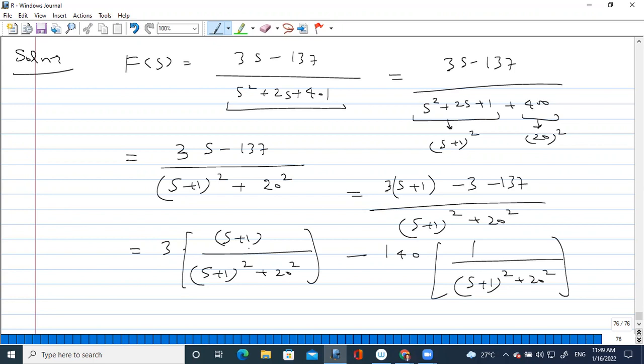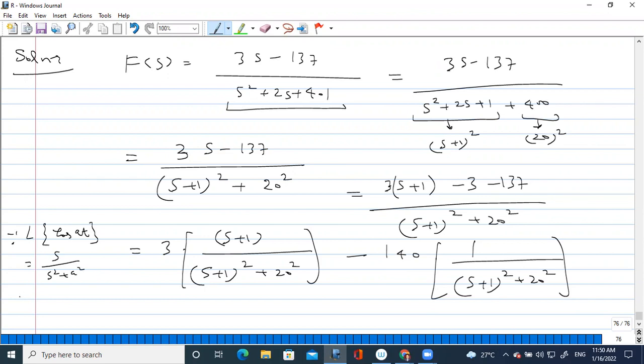Just we have to check these. Now check here, because Laplace of cos at is equal to s divided by s square plus a square.